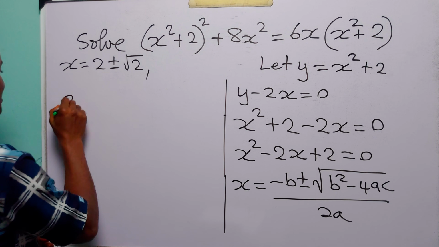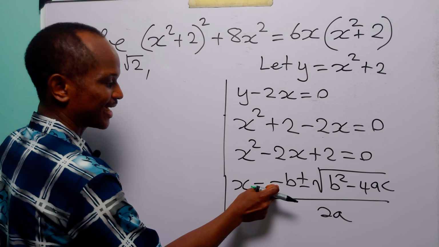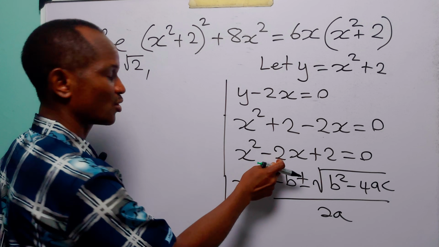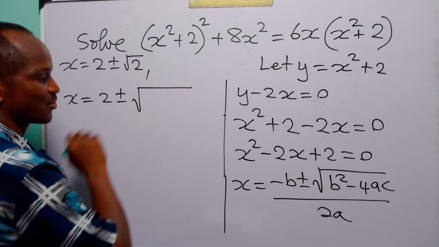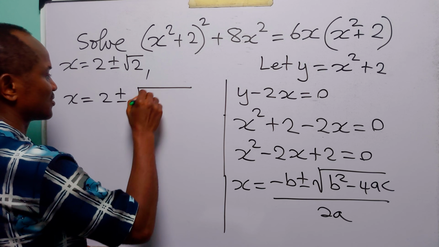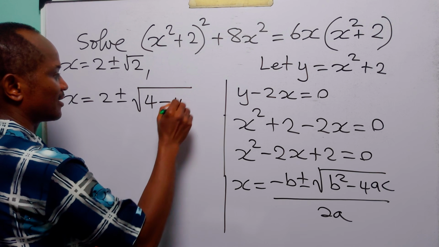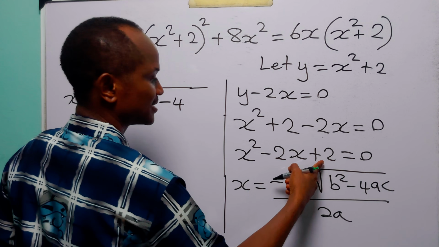Now, from here, we have that x is equal to, once more, minus minus 2, which is equal to 2, plus or minus the square root of b squared, which is minus 2 squared, which of course is 4, minus 4 times a, which is 1, and c is 2.